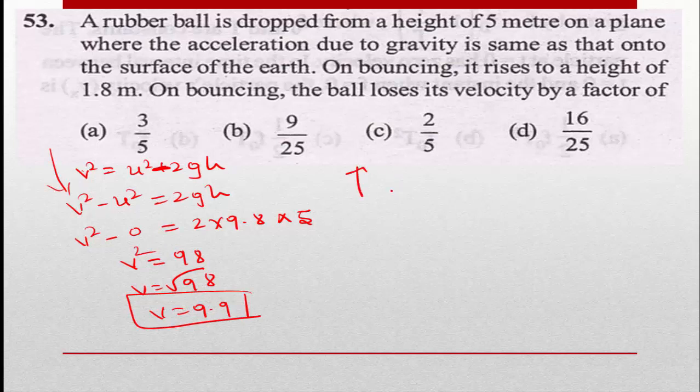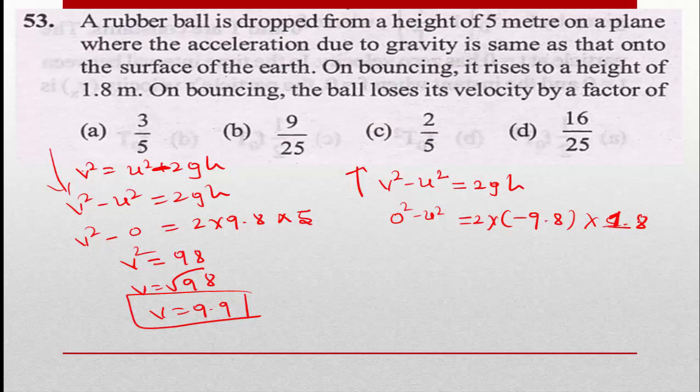Here for upward motion, v square minus u square is equal to 2gh. Here v square is 0, so 0 square minus u square is equal to 2 into g value, minus 9.8, into the height value, that is 1.8 meters on bouncing.